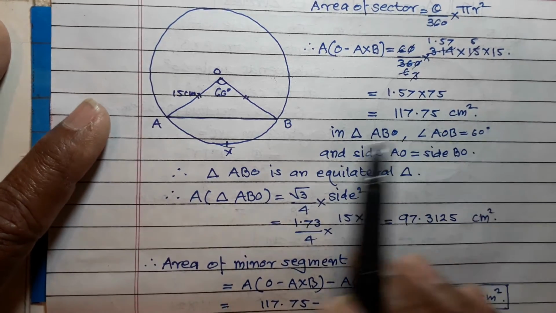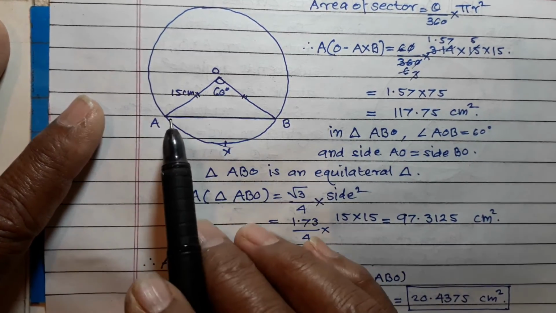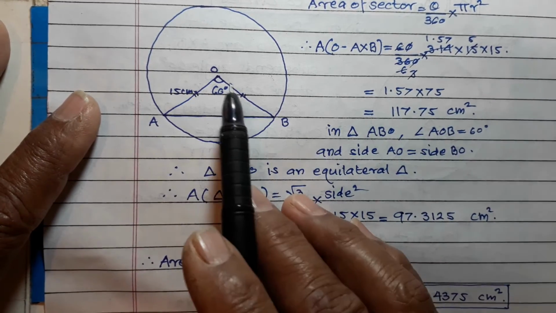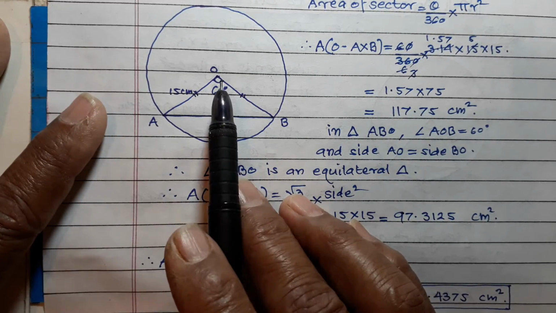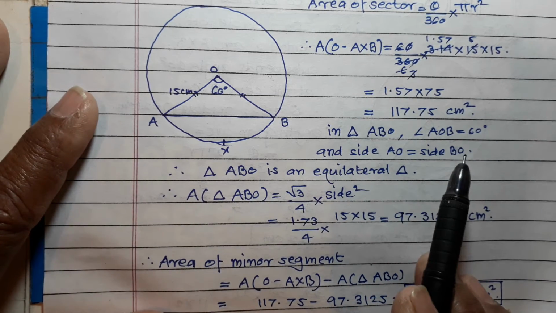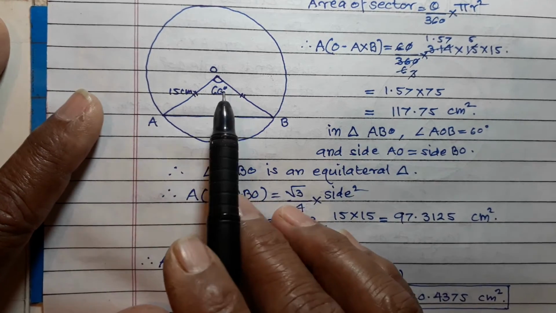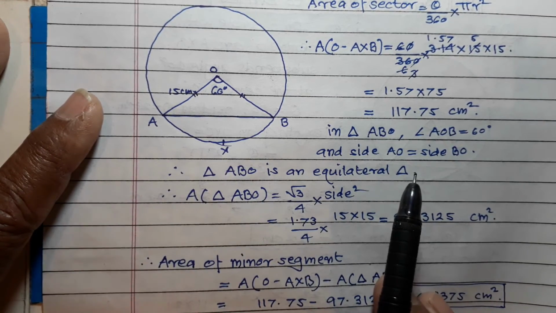Now in triangle AOB, angle AOB is equal to 60 degrees and side AO is equal to side BO, radii of the same circle, and therefore this triangle is an equilateral triangle.